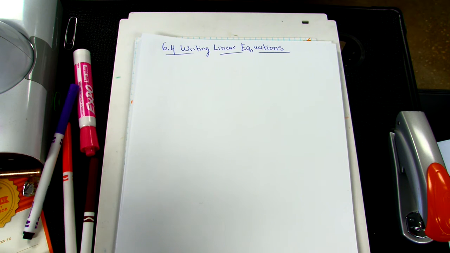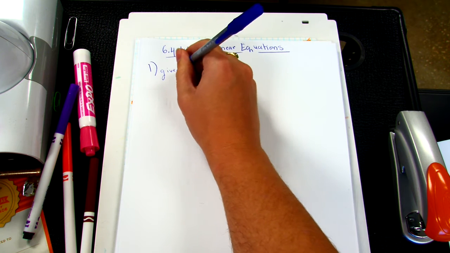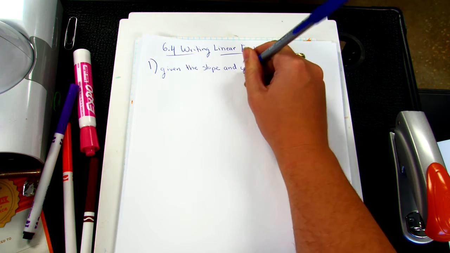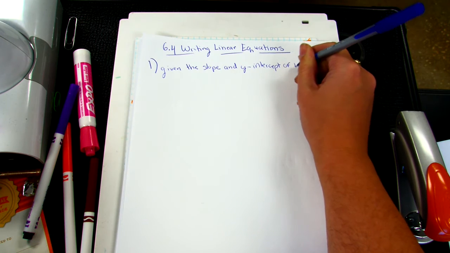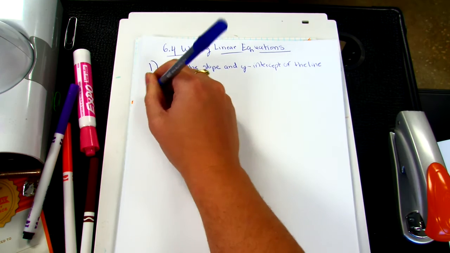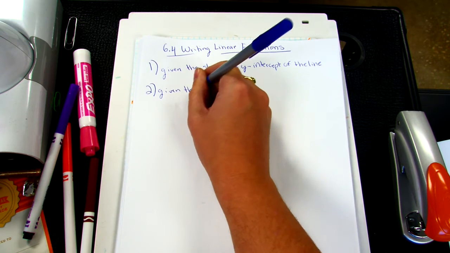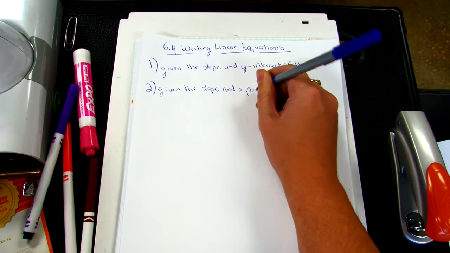Now we are going to learn how to write a linear equation when given information about that line. Okay, so there are four situations. The first situation is if we were given the slope and y-intercept of the line. The second situation is when we are given the slope and a point on the line.